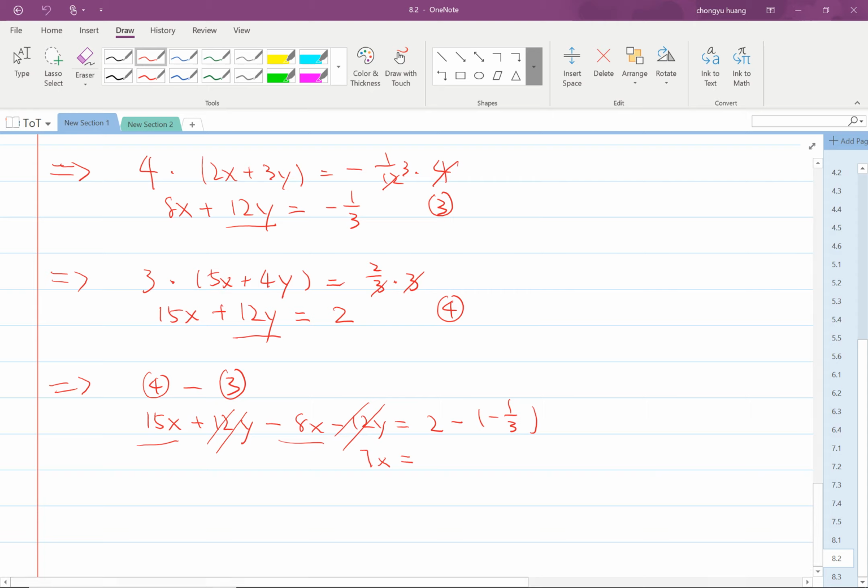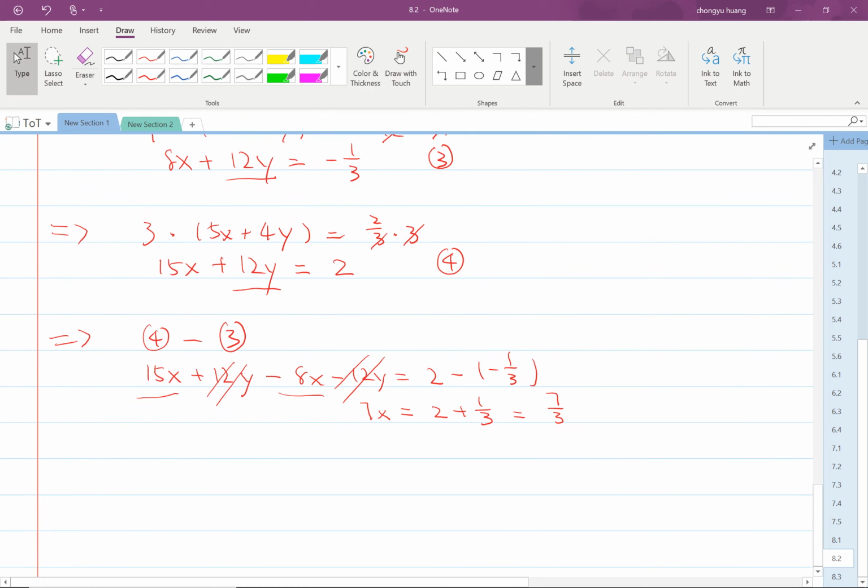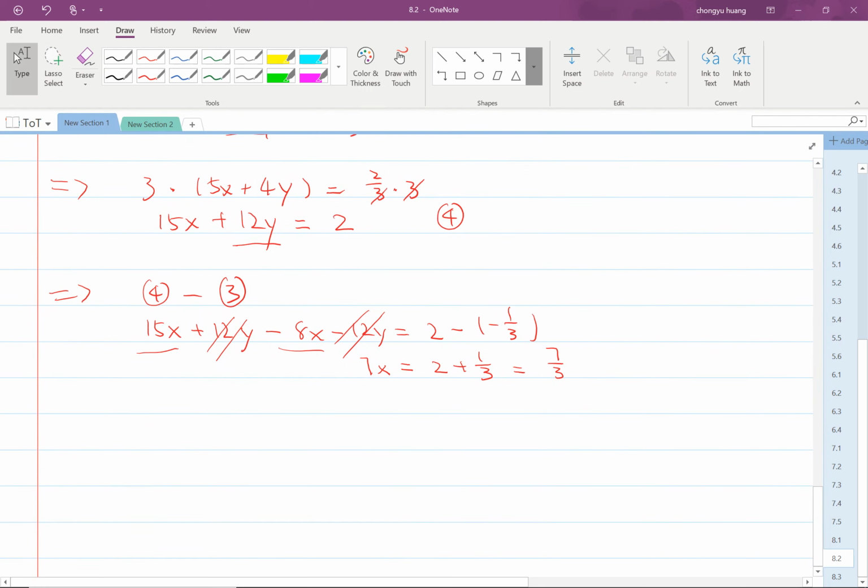So it's 7x, and on the other part what we have is 2 plus 1 over 3, right? So it's basically 7 over 3. Let me take a look again. Yeah, I think we're getting the right answer. Let me move it down a little bit, we don't have much space.